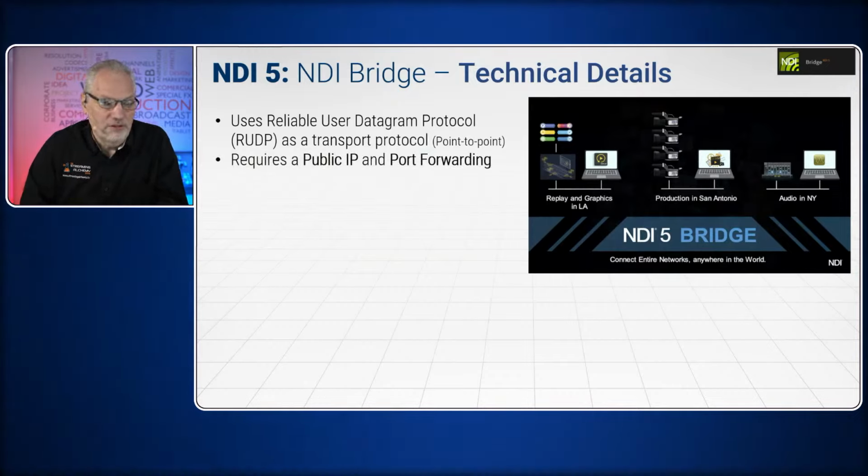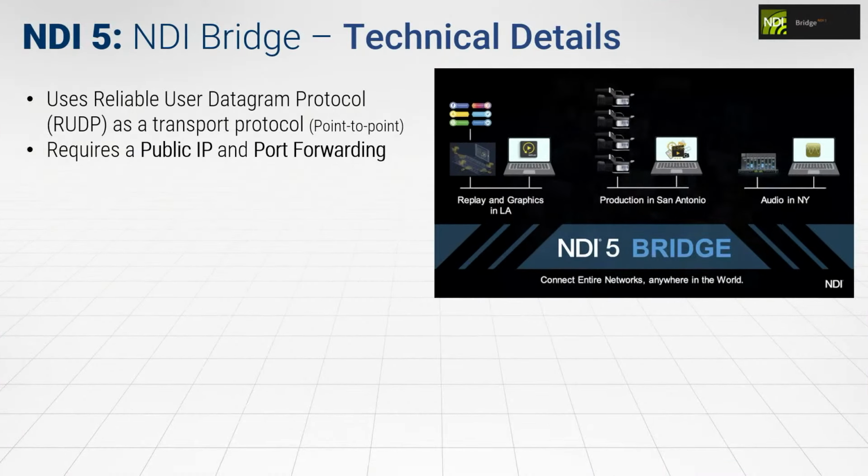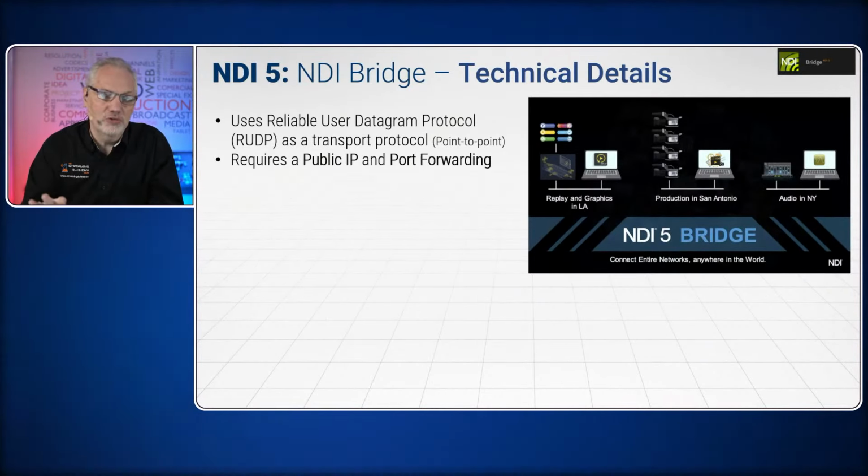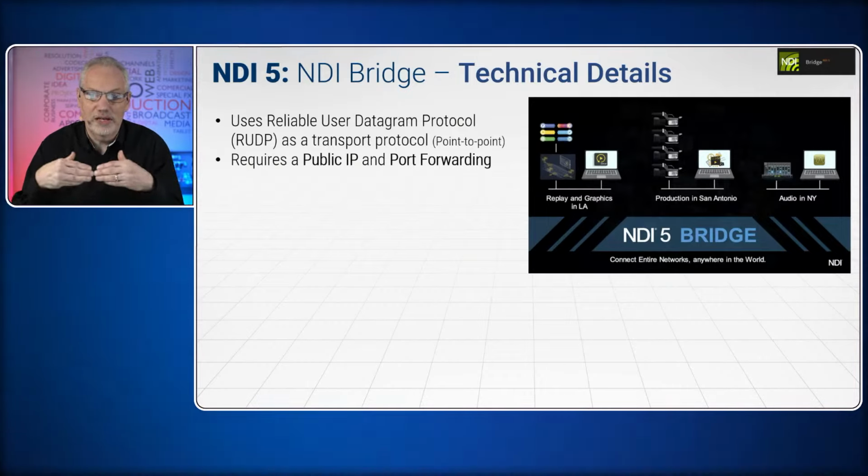The other piece, though, is that it does require a public IP address and a port, which means you will have to do port forwarding at least on one end. I don't have all the details lined up around this, but at least on one end, you will still need to do port forwarding in order to establish the connection.